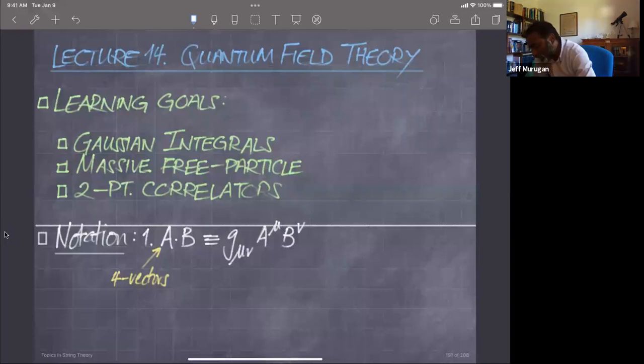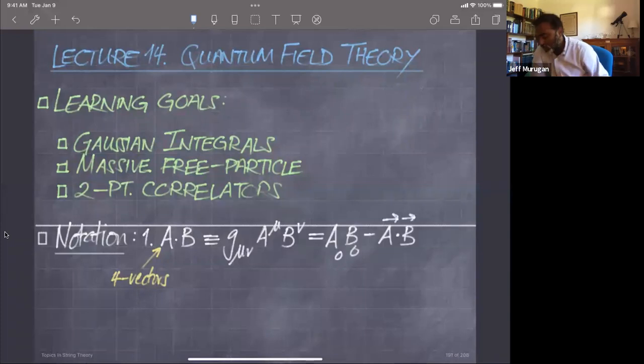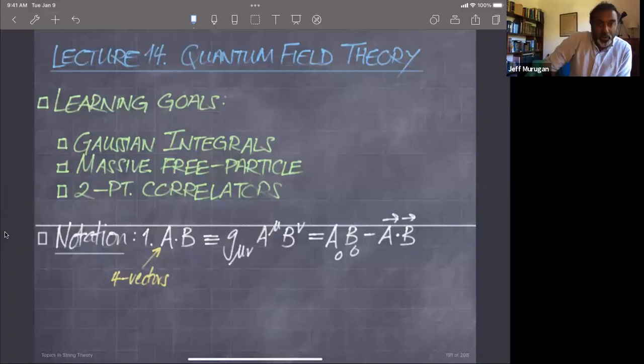So what this means is that if I expand this directly in terms of the components of the vectors, this is A^0 B^0 minus A dot B, where now this dot is a standard dot product.